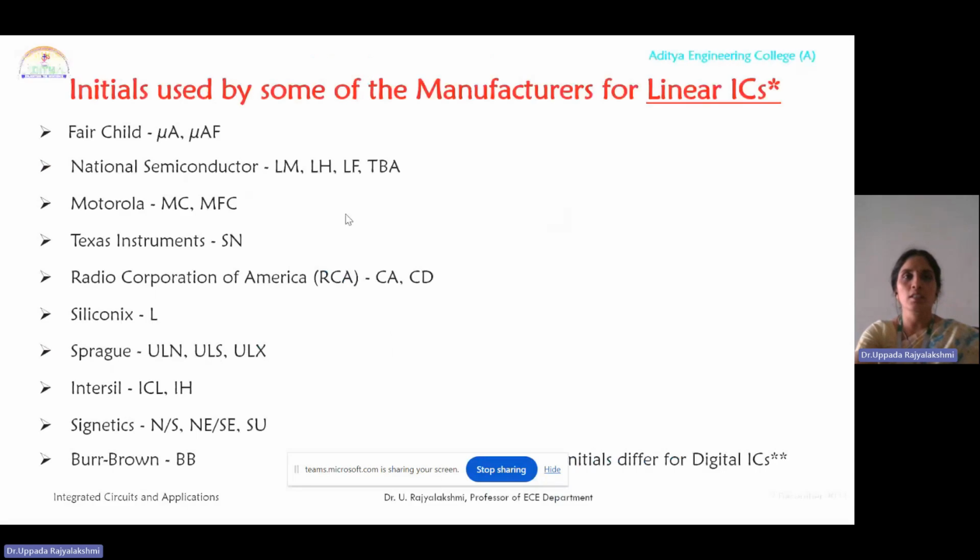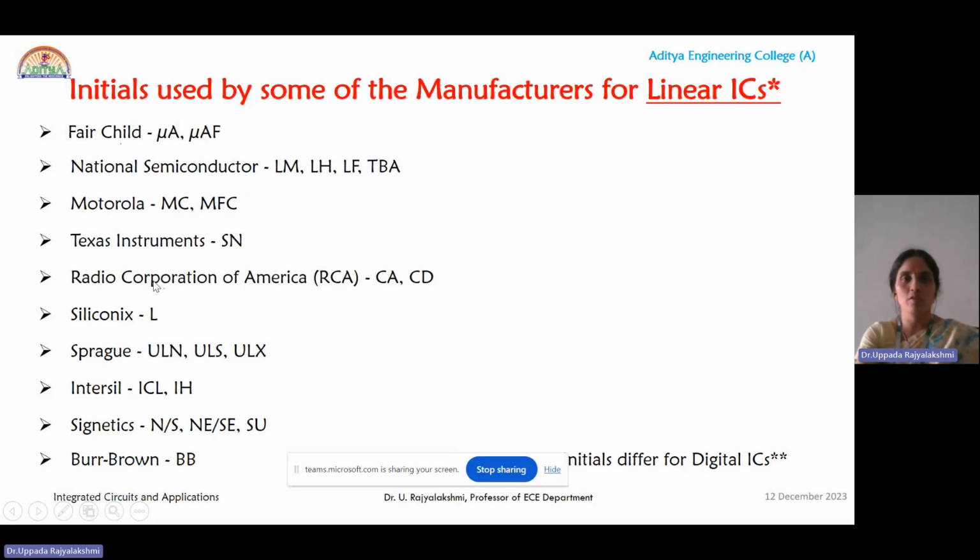Here you can see several initials provided by various manufacturers. For Fairchild, it is BUA, BUAF. For National Semiconductor, the initials are LF, LH, LM, and TPA. For Motorola Semiconductor, the initials are MC and MFC. For Texas Instruments, the initials are SN.